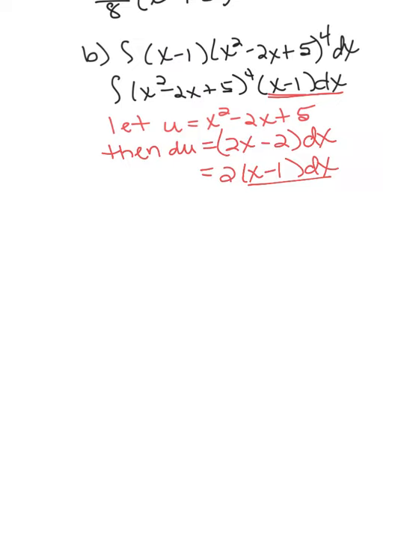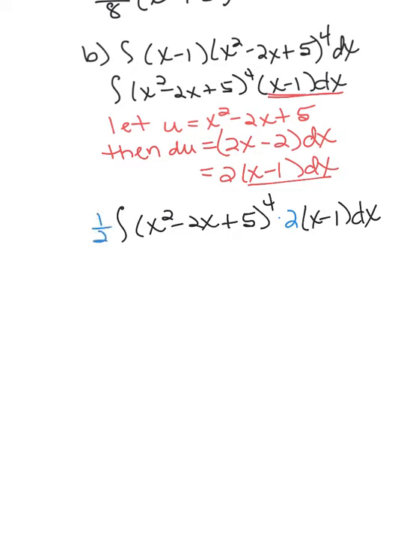So just like we did before, we're going to rewrite the problem, but now we're going to force a 2 in there where we need one. But since I took this thing times a 2 to offset it, I need to take it times its reciprocal.